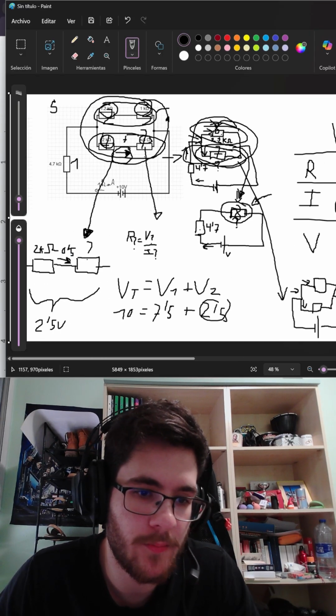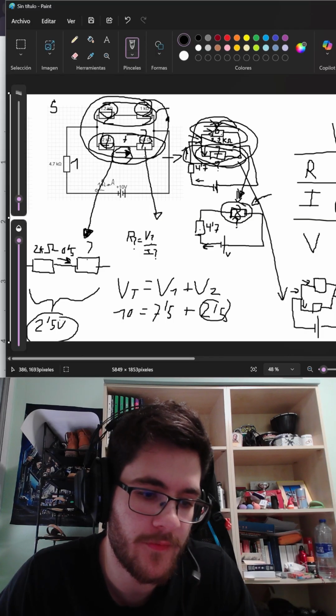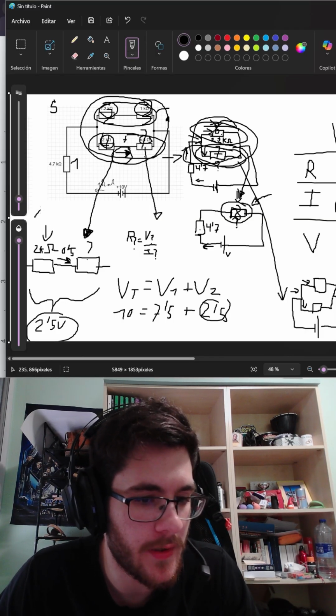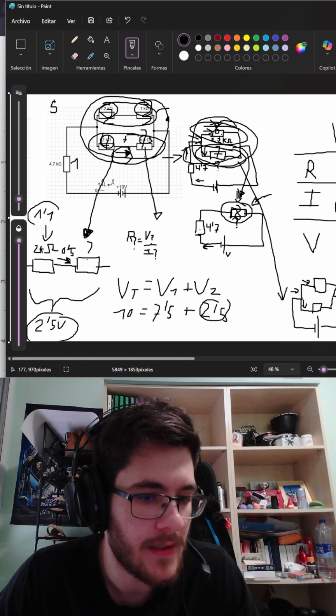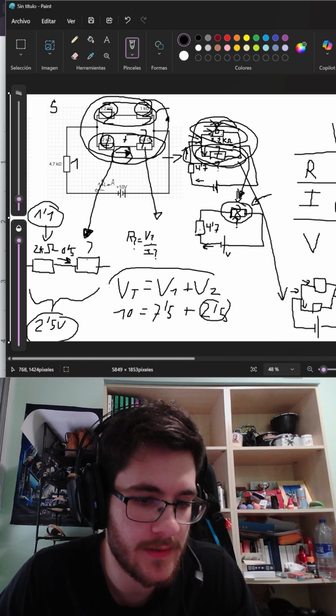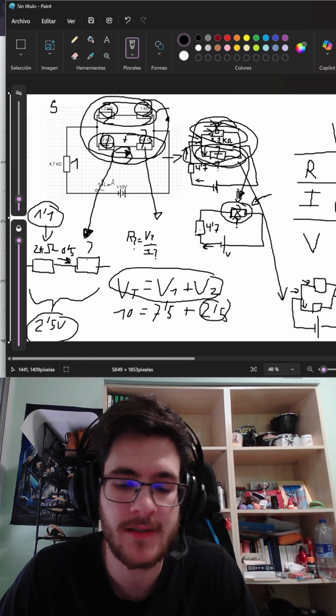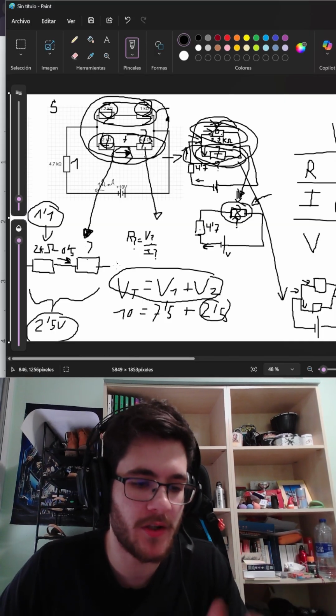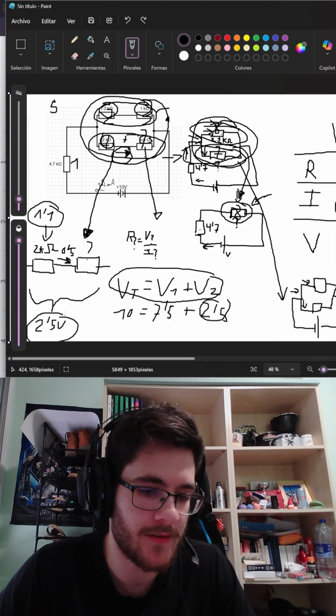We know that the voltage at the bottom is 2.5 volts, and this one has 1.1. In a serial circuit, the sum of the voltages has to be the total voltage.